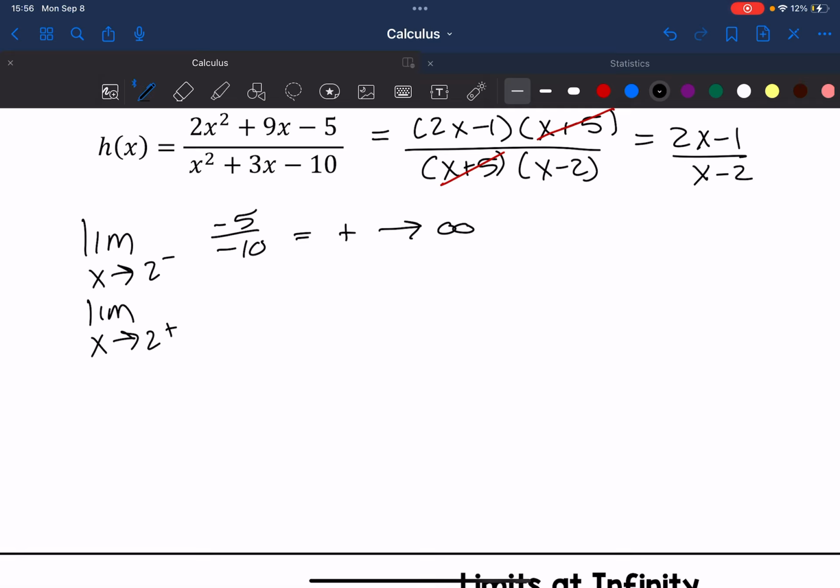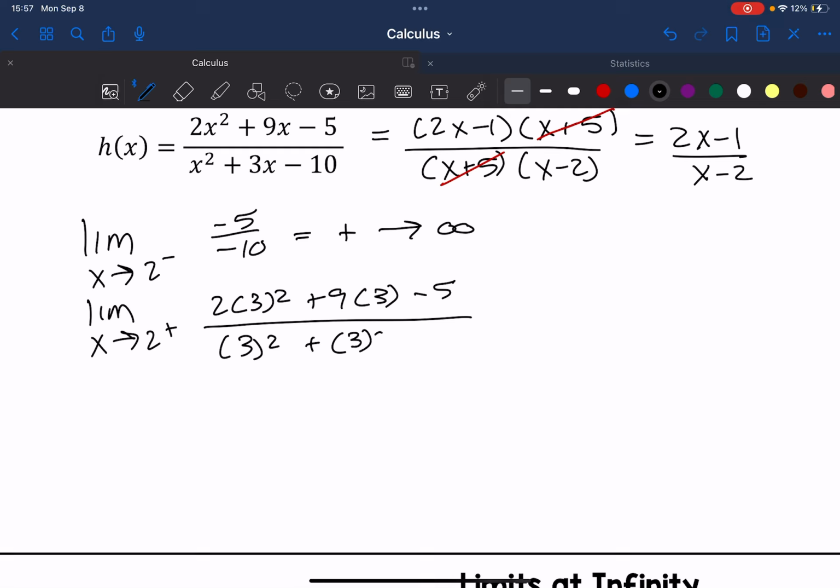And if I plug in 3, I'm going to get 2 times 3 squared plus 9 times 3 minus 5 over 3 squared plus 3 times 3 minus 10. This is going to give me positive on both of them, which means this is going towards infinity.